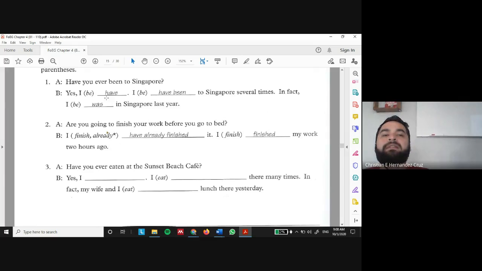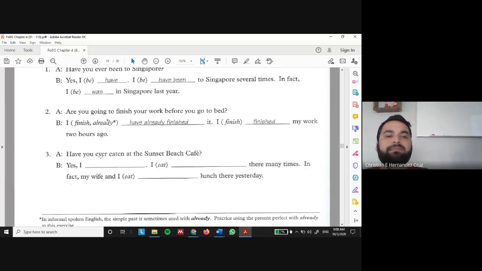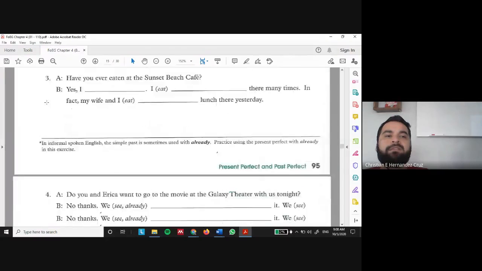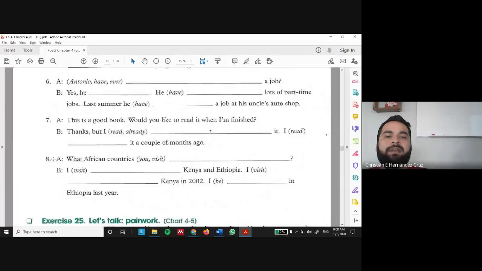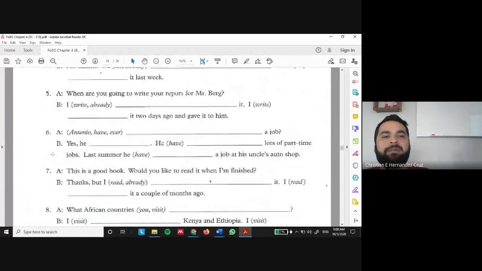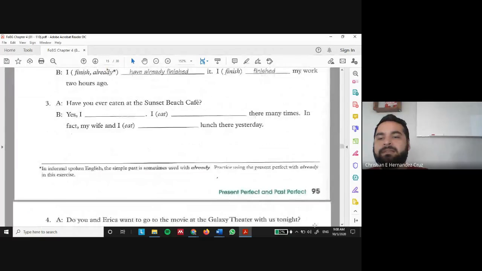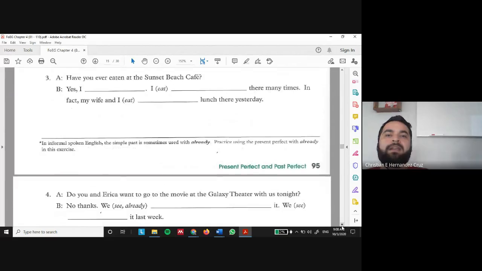So we're basically using simple past and present perfect to complete these sentences. So there's sentence 3, 4, 5, 6, 7, and 8. I'm going to give you a couple of minutes so you guys can complete these answers. And then I'm going to ask you for the answers, okay?